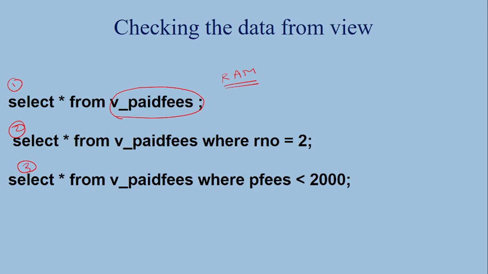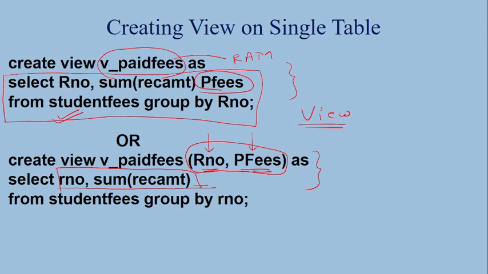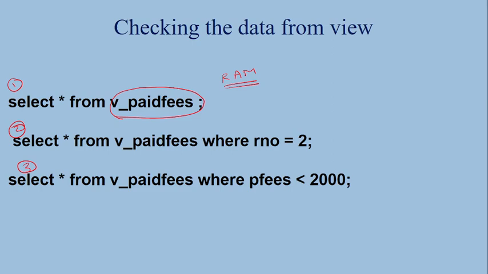Now, after creating the view and fetching the data, if you make any changes in a base table, here base table means the table on which we have created the view, in this case the student fees table is the base table, whatever changes you make in the base table will be automatically reflected in the view.